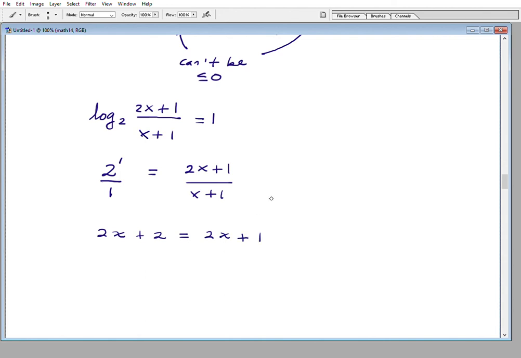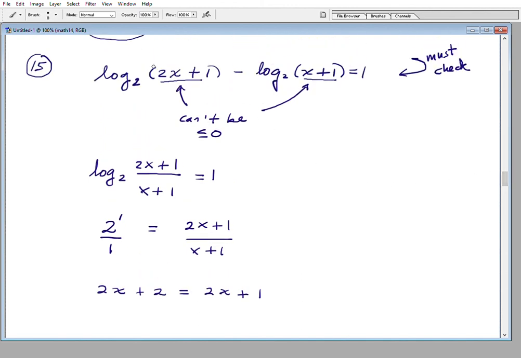Actually, I didn't mean to get the 2x on both sides. I don't want to do that. I'm going to change this problem. I'm going to make this a 3. This is no solution, but I didn't want that to happen, so I'm going to change that to 3. Here I'm changing them all to 3.